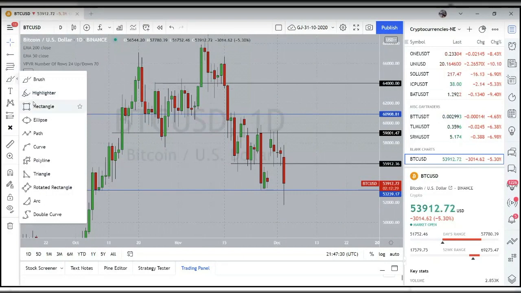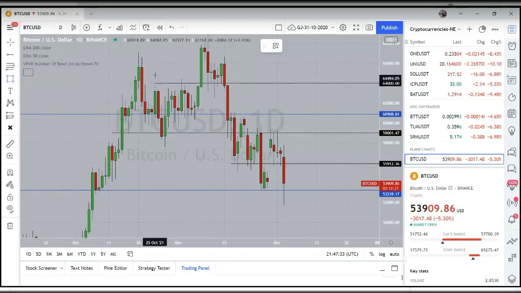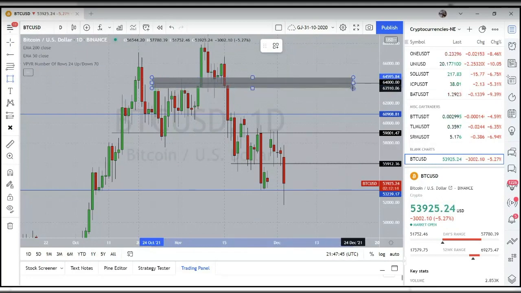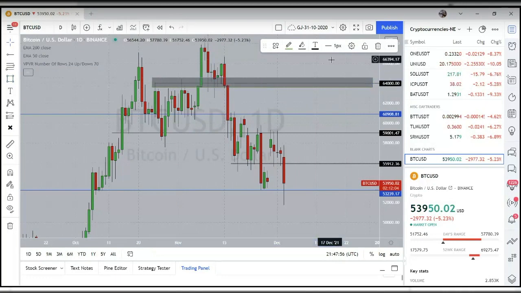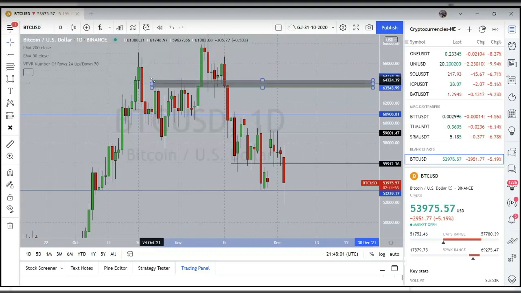Then, depending on the specific trading asset pair that I'm looking at, I'll draw this rectangle. For Bitcoin, it will be a range of about $500, so the high will be around 64,250.